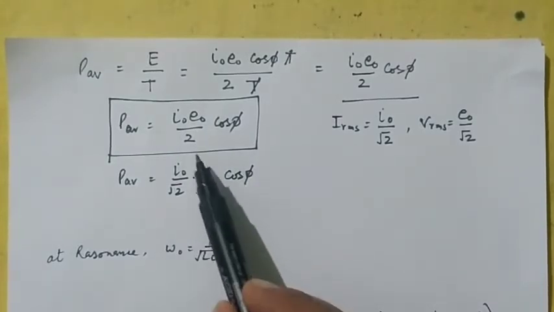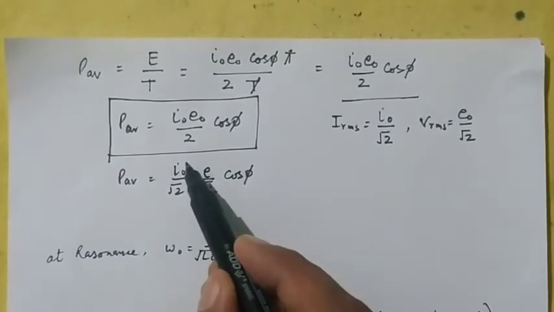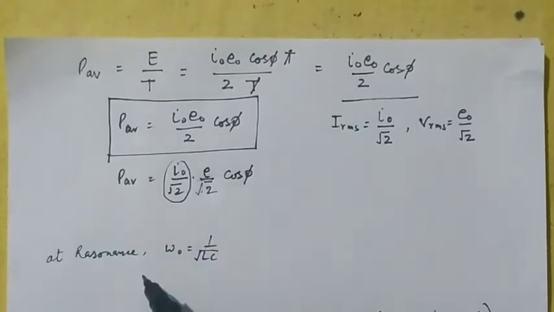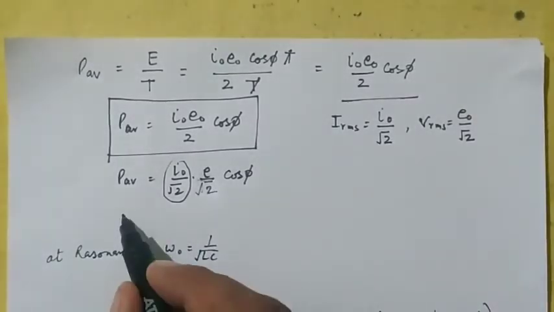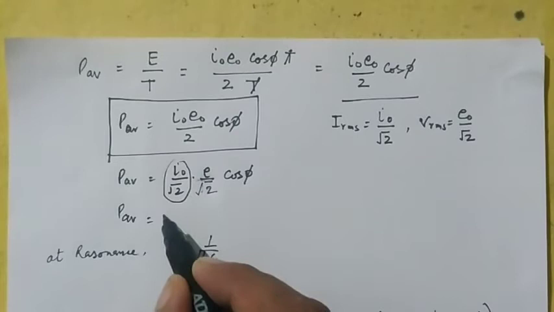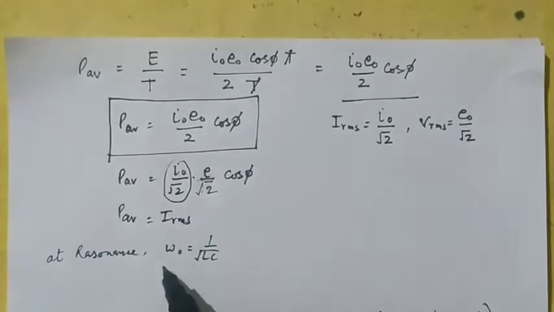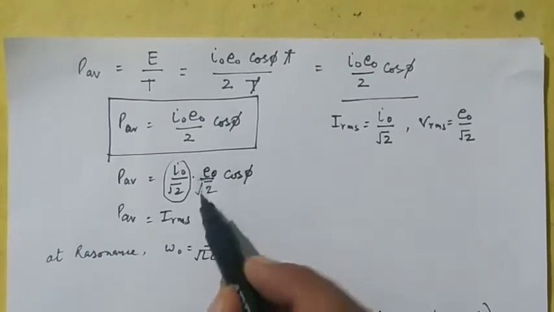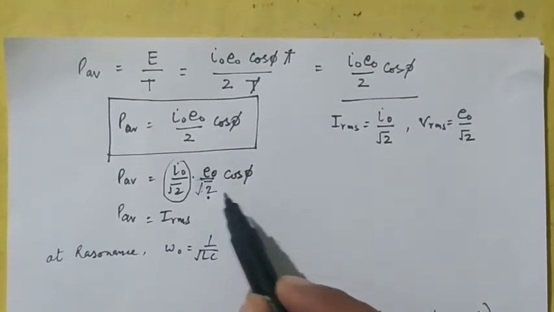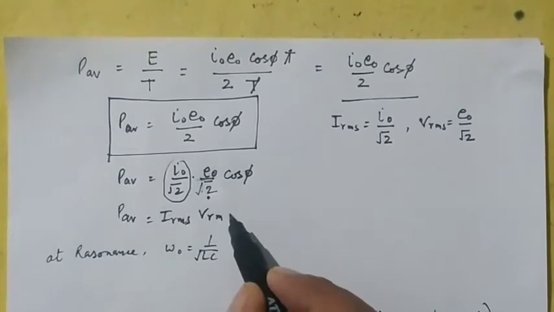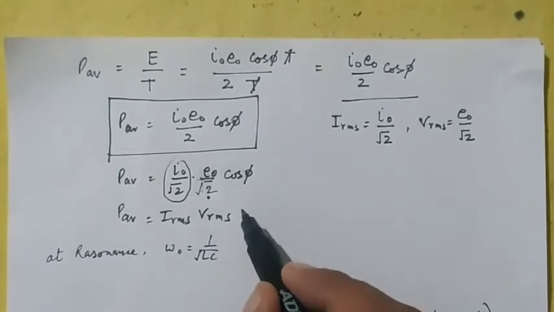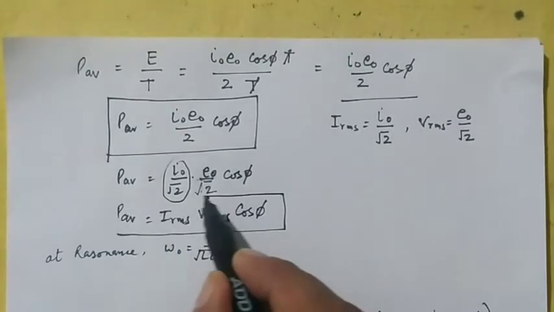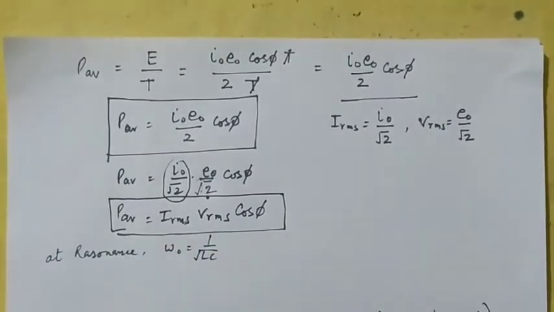So root 2 into root 2 is equal to 2. So we know that the peak value of current divided by square root 2 is nothing but IRMS, root mean square value of current. Similarly, E naught by root 2 is nothing but VRMS, root mean square value of voltage, into cos of phi. So this is your average power consumed by the LCR circuit.